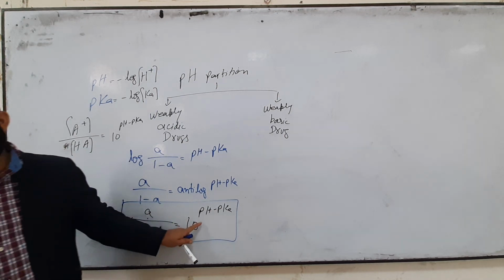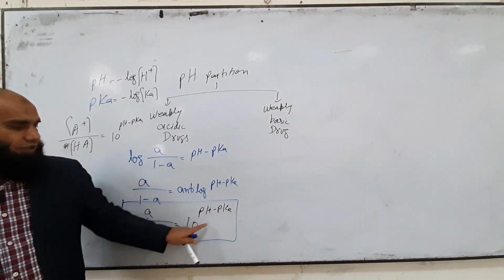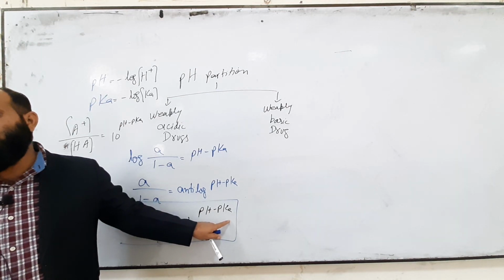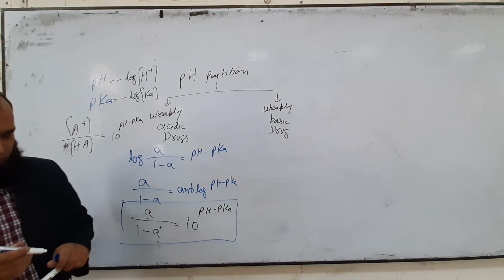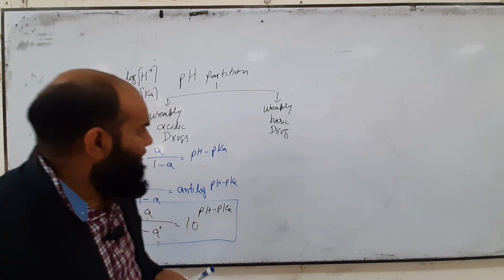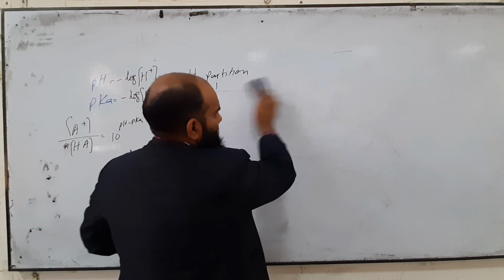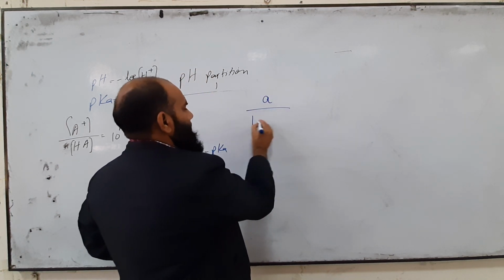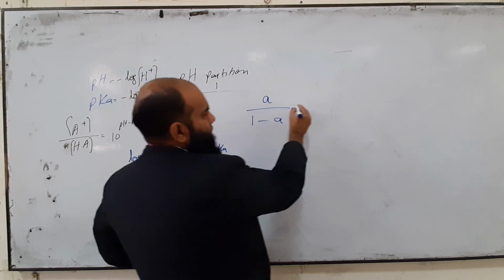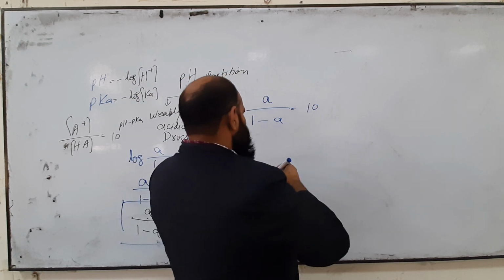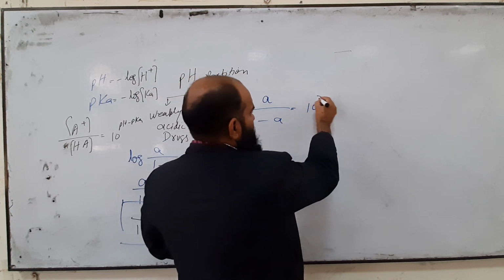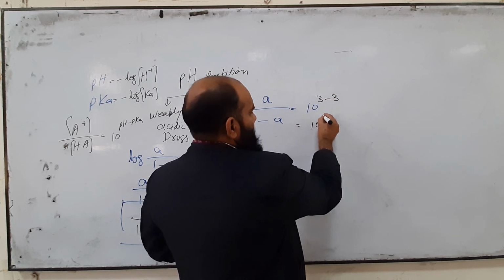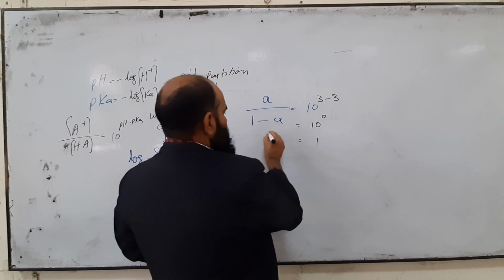If I have pH value 3 and pKa value 3, 3 minus 3 is 0. 10 raised to power 0 is 1. I will solve here. Ionized drug over unionized drug is equal to 10 raised to power (pH of the medium 3 minus pKa 3), which means 10 raised to power 0, which is 1.